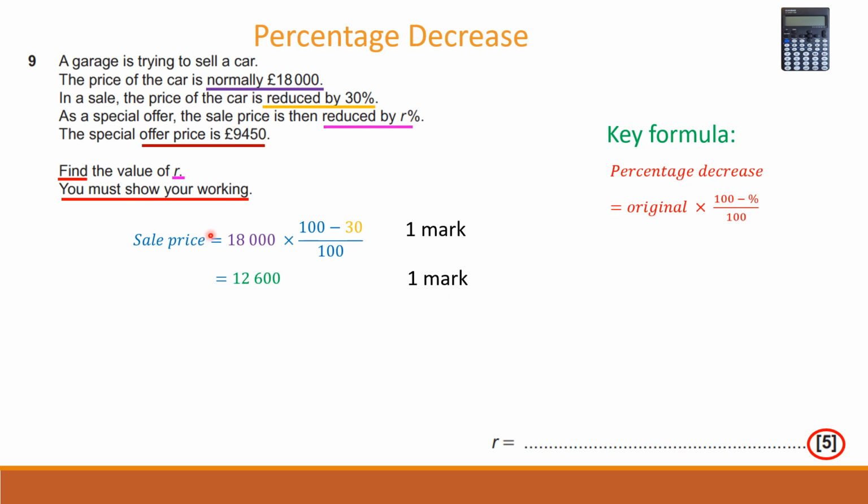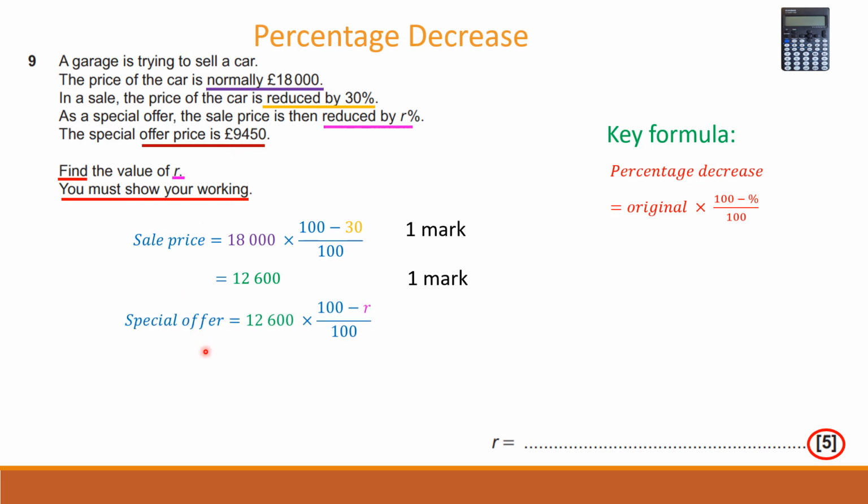Now from here we've got to go again. We've got a special offer now, where the car is reduced by R%. So the original amount now is 12,600. I'm going to work out my multiplier when the percentage is R%, and that is going to equal the 9,450.